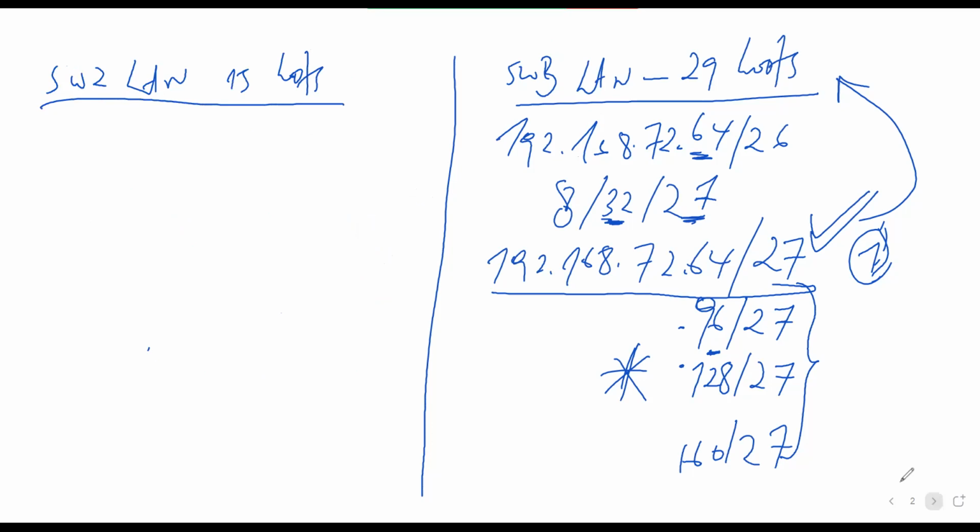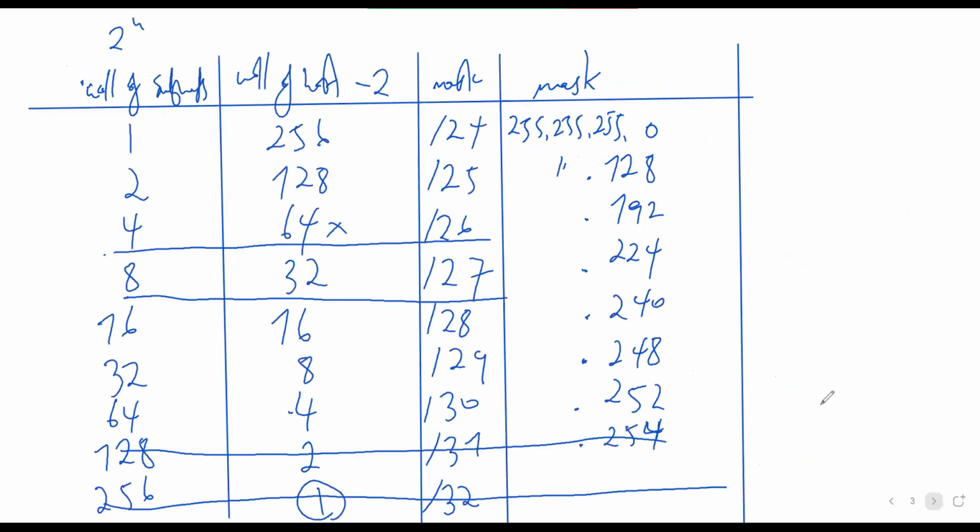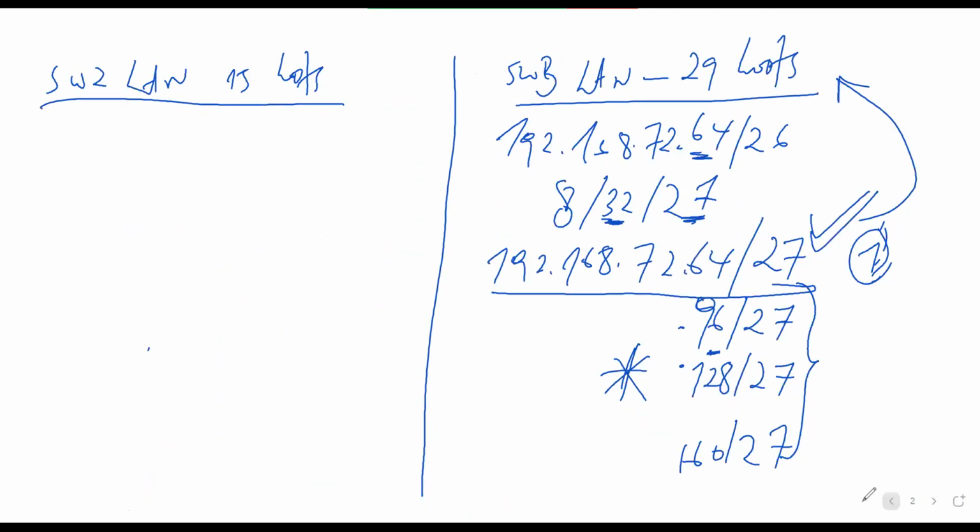Going to our table, the magic number for 15 hosts is 16, because this one can address a maximum of 14 addresses. So we're going to be using this same magic number, 8, 32, 27.